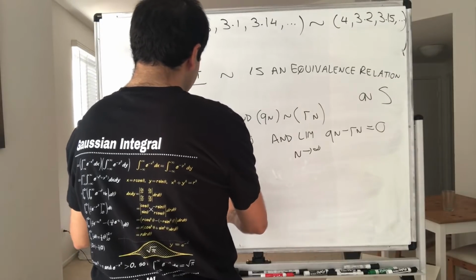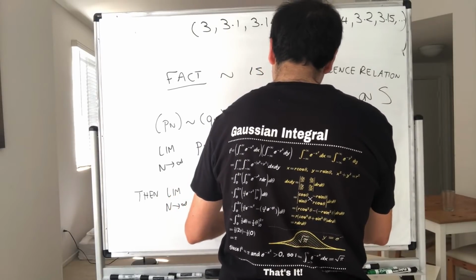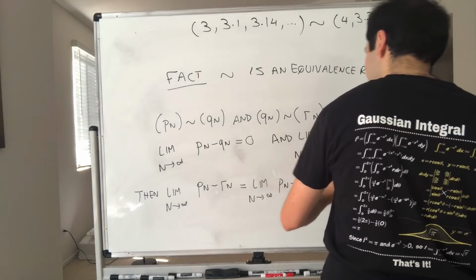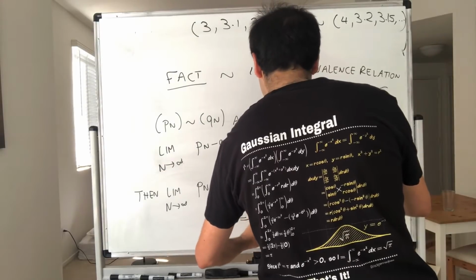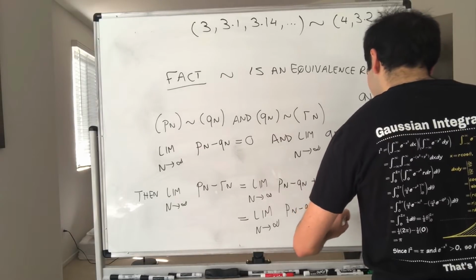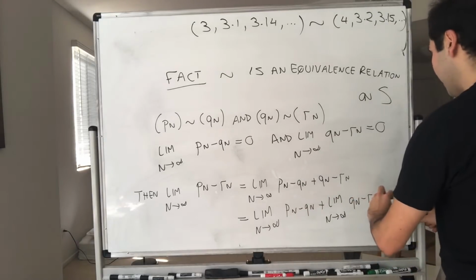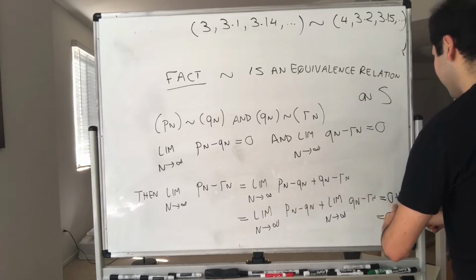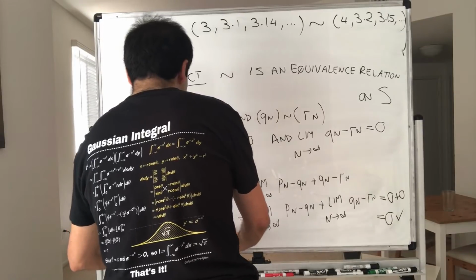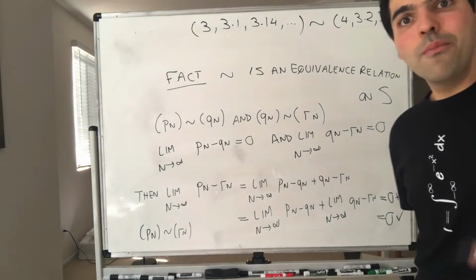The limit as n goes to infinity of P_n minus R_n is the limit of (P_n minus Q_n) plus (Q_n minus R_n). And because each of the limits exists, we can have the addition law here, and then this is just 0 plus 0, which is 0. So in other words, the sequence P_n is equivalent to the sequence R_n. And you can show the other things similarly, if not more easily.